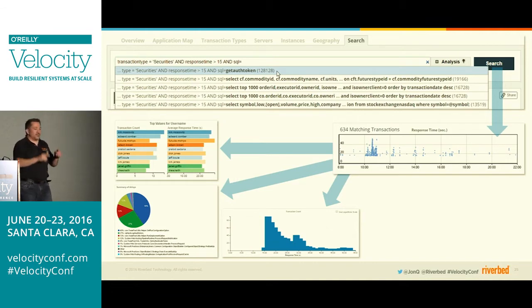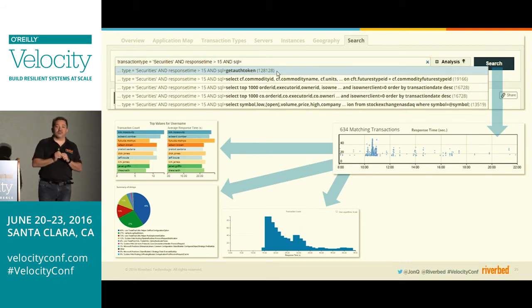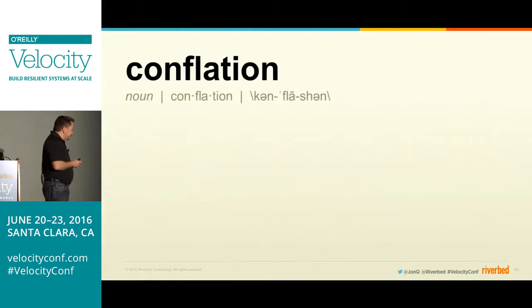But what we were able to say is, show me all the transactions, regardless of what they are, that call that web service, and we saw this crazy sawtooth pattern. Then we put an exclamation mark in front of the query, meaning not. Show me all the ones that don't use that web service, and the problem behavior went away. That proved over hundreds of thousands of transactions that yes, remote dependency, other team, you are breaking us, and you need to fix your stuff, right? So this is going to help you figure that out.